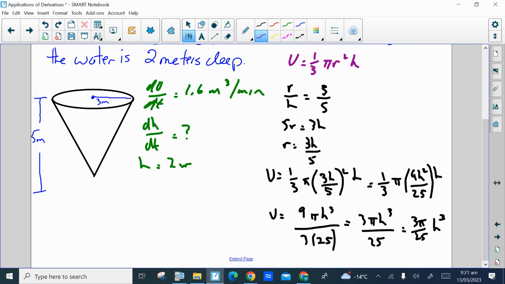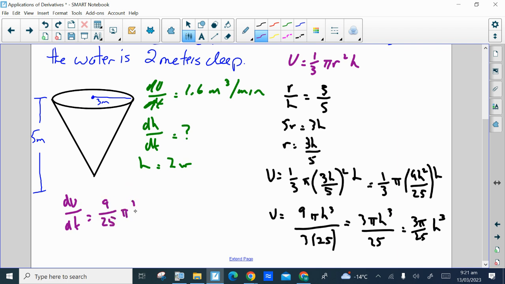So there's an expression for volume in terms of only one variable. And we can only have one variable here because we want to find dh by dt, and we're given h. So now when we differentiate both sides with respect to time, it'll be dv by dt equals the 3 on the h comes in front and multiplies by the 3 on 25. That'll give us 9 on 25 pi.